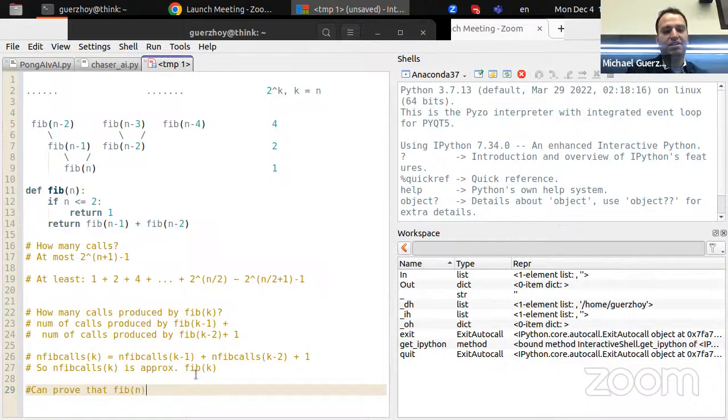that fib of n is phi to the n over square root of 5, rounded, where phi is the golden ratio, if you've heard about that.